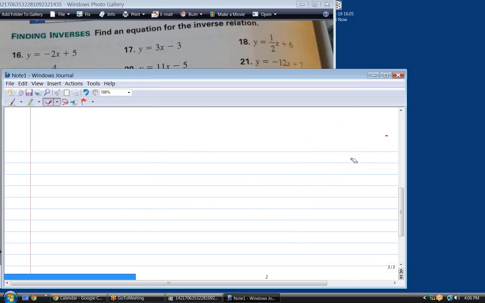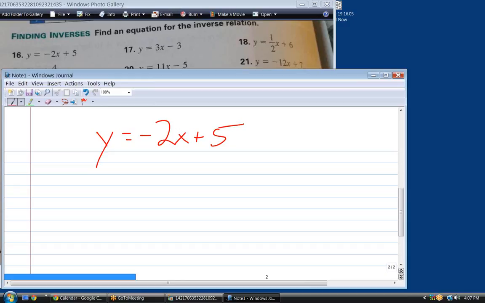Now, how we get an inverse is relatively simple and straightforward. How do I get an inverse here? Do you just do the opposite things? Well, not quite. That's the difficult way to do it. There's a real easy way to do it. It's 2 steps.